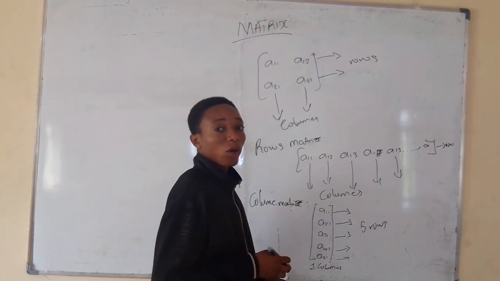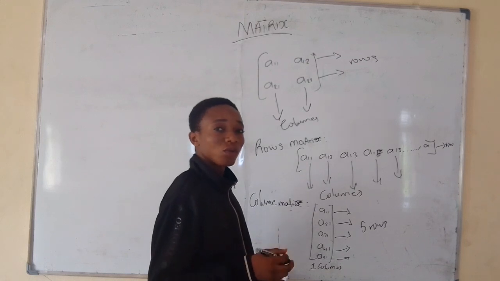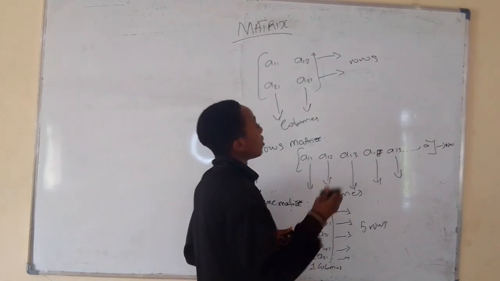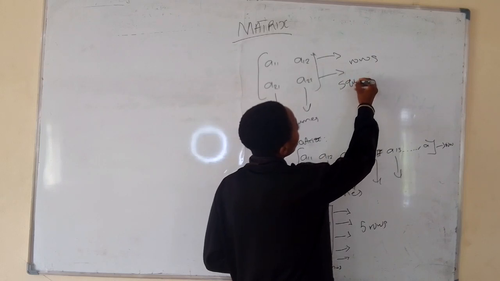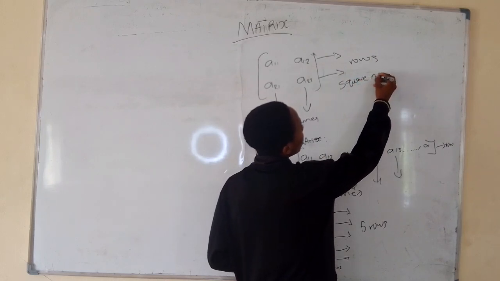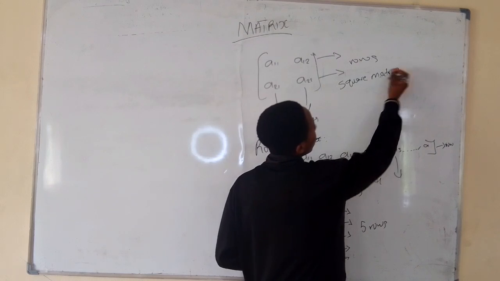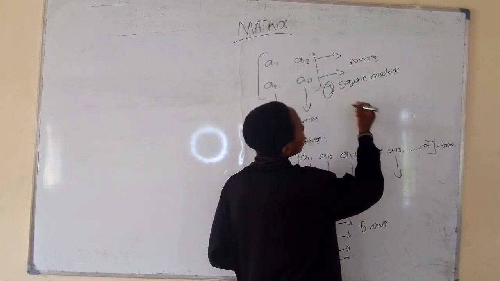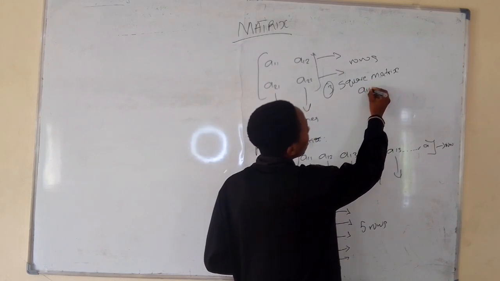And we also have the square matrix. A square matrix is a matrix that has an equal number of rows and columns. For example, we have 1, A, 1.